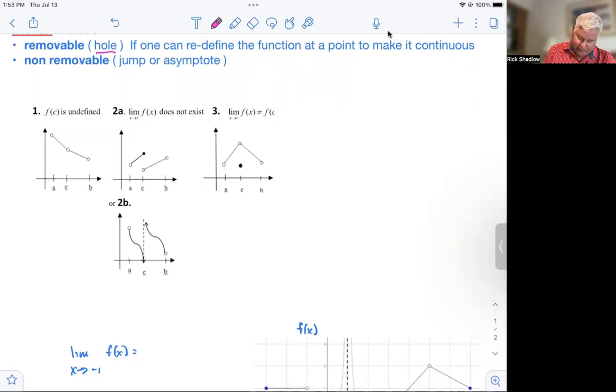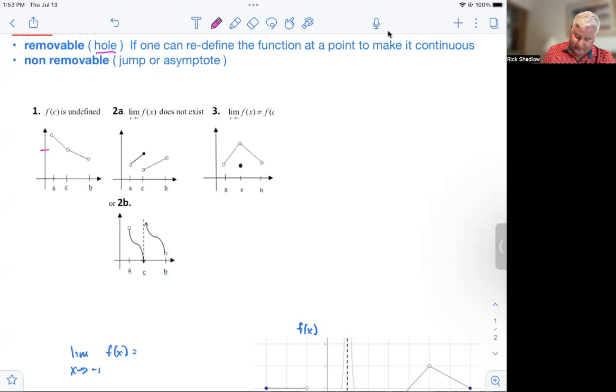So in these three examples, first of all, let's talk about why these fail to be continuous, and then also determine what kind of discontinuity it is if it's not continuous. In this case, the limit appears to exist, whatever this y value is here. The left-hand limit equals the right-hand limit, but the function's undefined, so therefore it is not continuous at f of c.